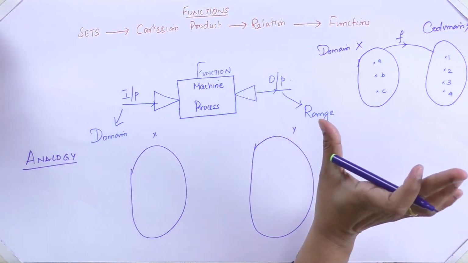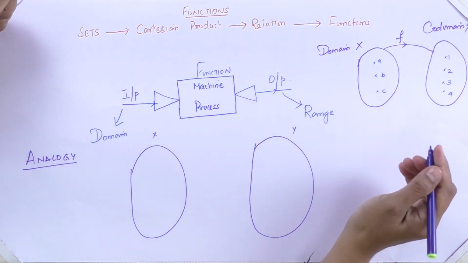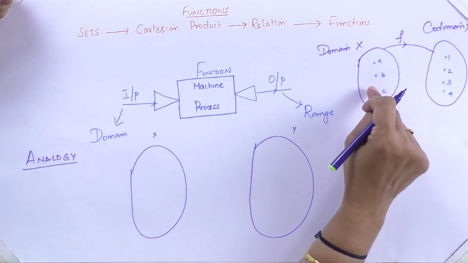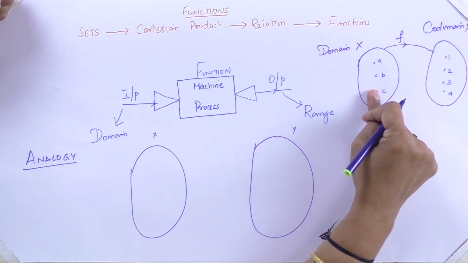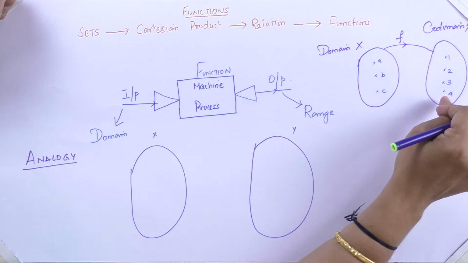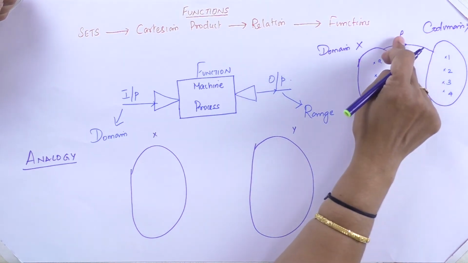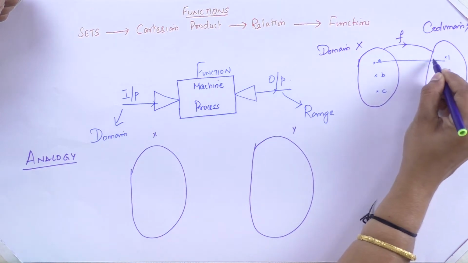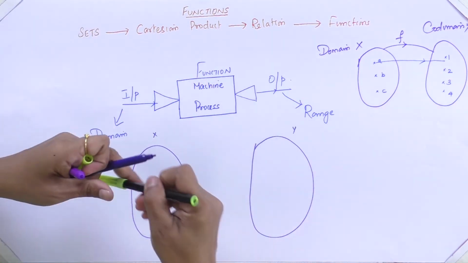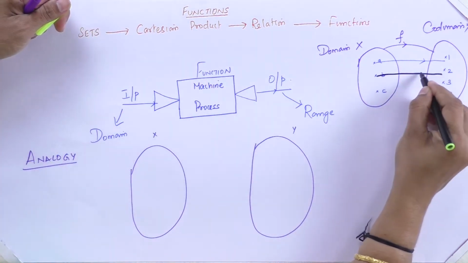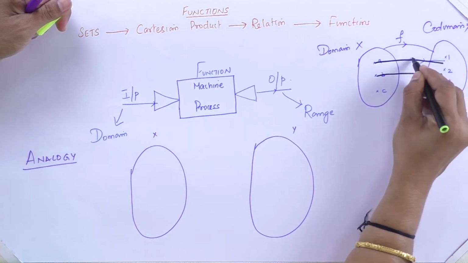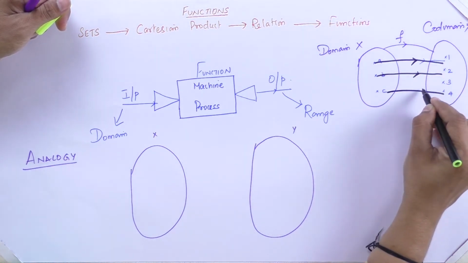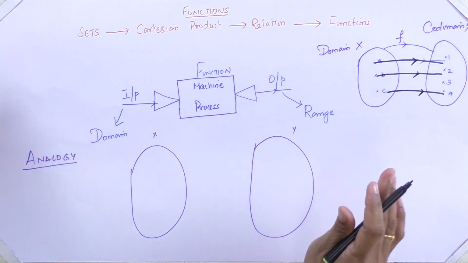Now the function says that every value of your domain set has to be mapped onto your codomain set under the function F, right? It will be mapped like this. Mapping will be done this way, right? So this is a function. So what is a function?